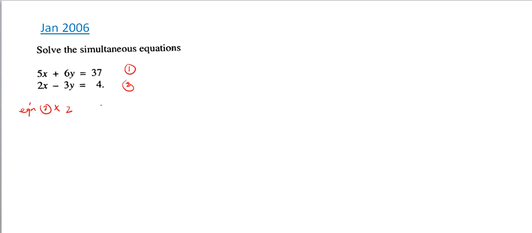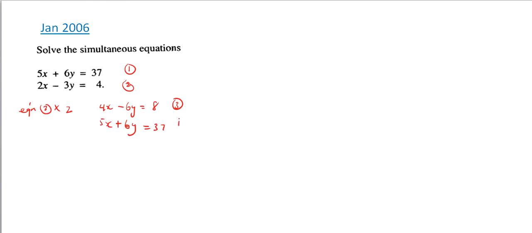So that will give me 4x minus 6y is equal to 8, and we call this equation 3. So equation 1 looks like this: 5x plus 6y equal to 37.